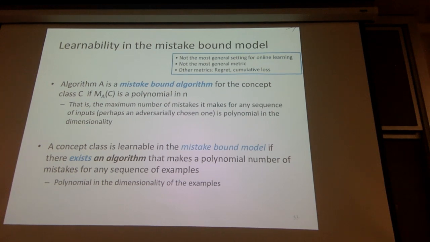The meaning of that question is, does there exist one algorithm, a single algorithm, that can learn monotone conjunctions, making only a polynomial number of mistakes for any sequence of examples? And polynomial, keep in mind, is not a big deal. Sometimes when people say polynomial, you might think n squared, but n to the 20 is also a polynomial. Just keep that in mind. Polynomial is not the end of it. It could be a very large and uncomfortable polynomial. But that's the definition. It's not exponential.